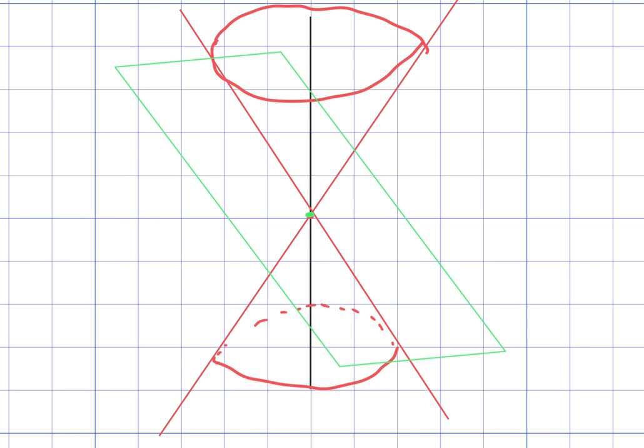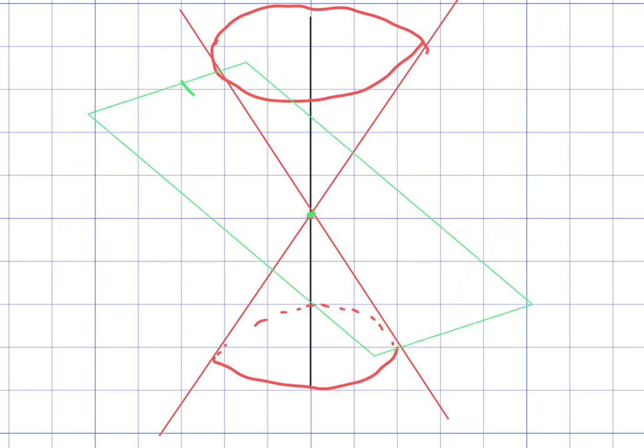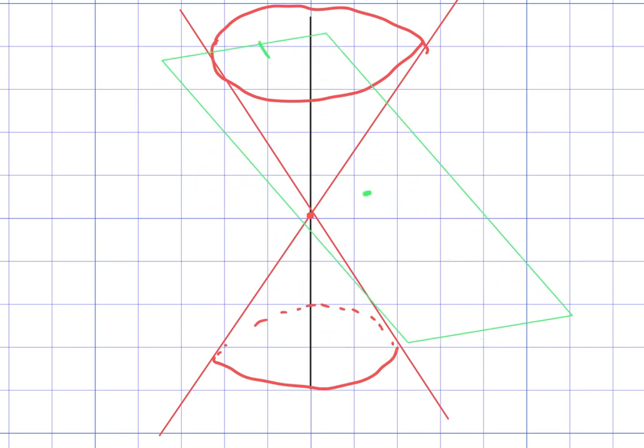But if it's at an angle like that, it might intersect just along this line and make a line. Or I take that and rotate it this time so that it's parallel, and then move it over here.